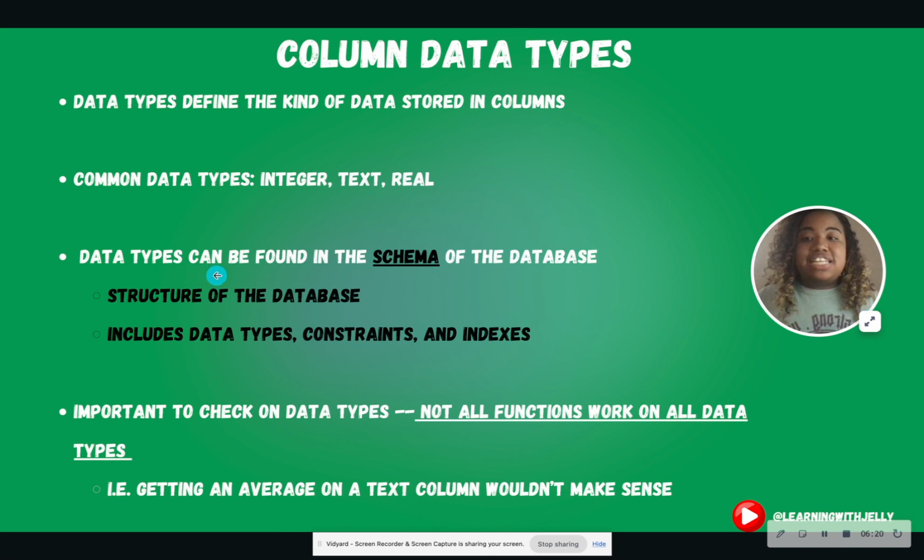And these data types can be found in the schema as well as many entity relationship diagrams or ERDs, which we'll talk about momentarily. And what the schema is by definition is just the structure of the database. This is a database. This is how many tables are in the database.